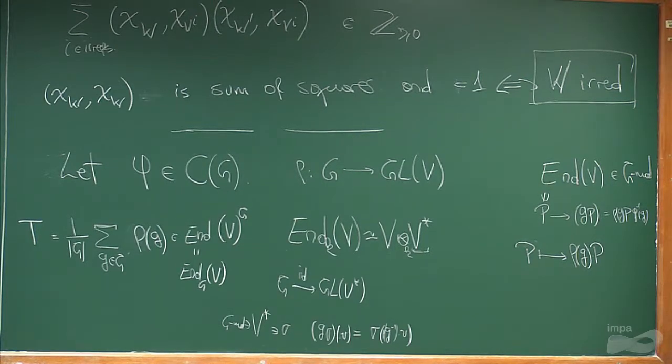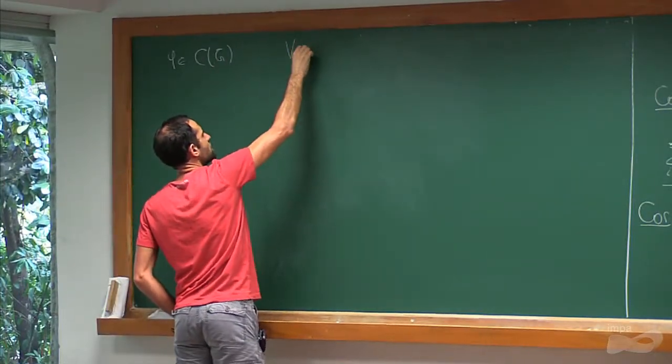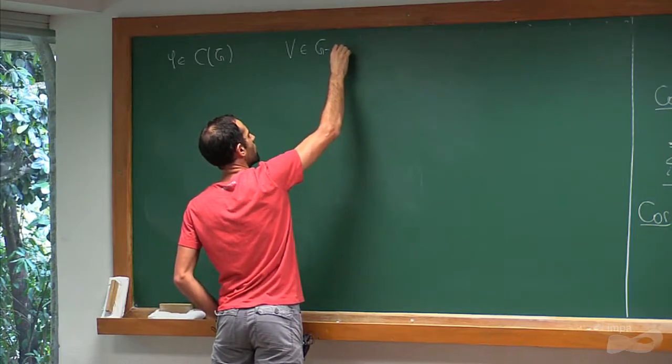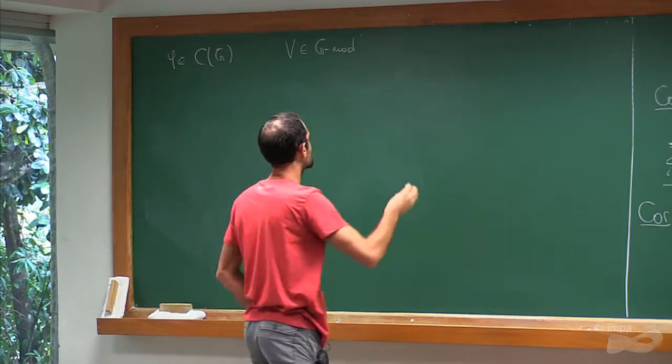However, we can try to generalize that a little bit. So suppose that now we are in the setting where we have phi, which is a class function in G, and we have V, which is a G module, and we have some vector.